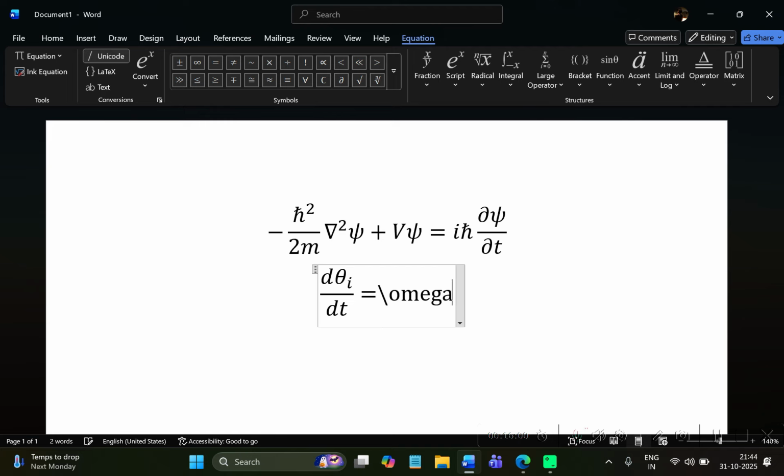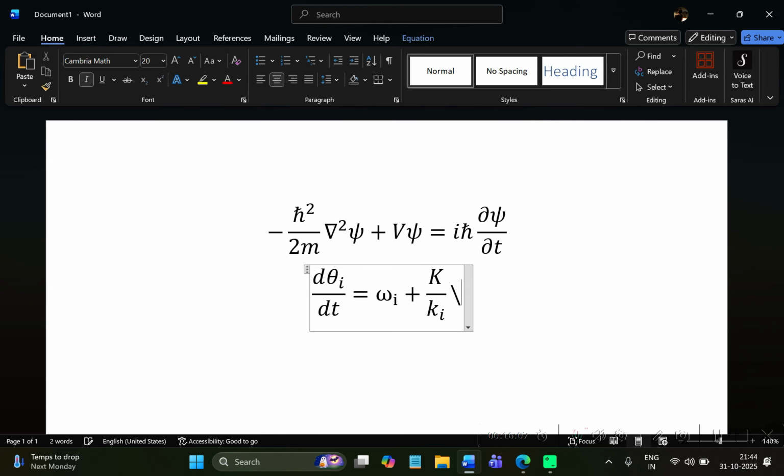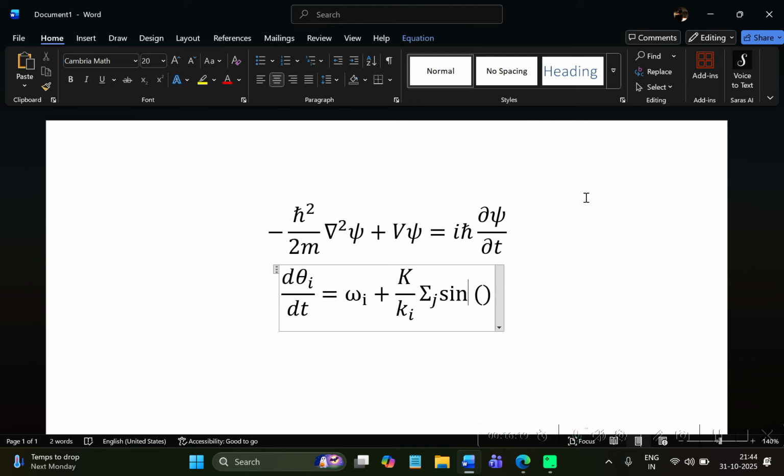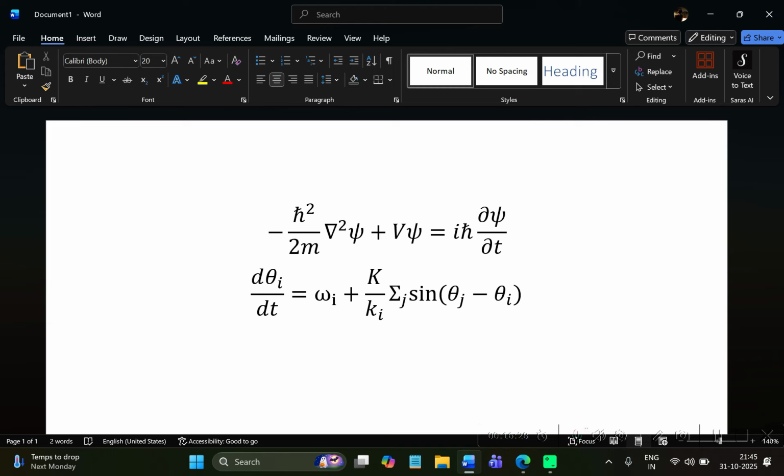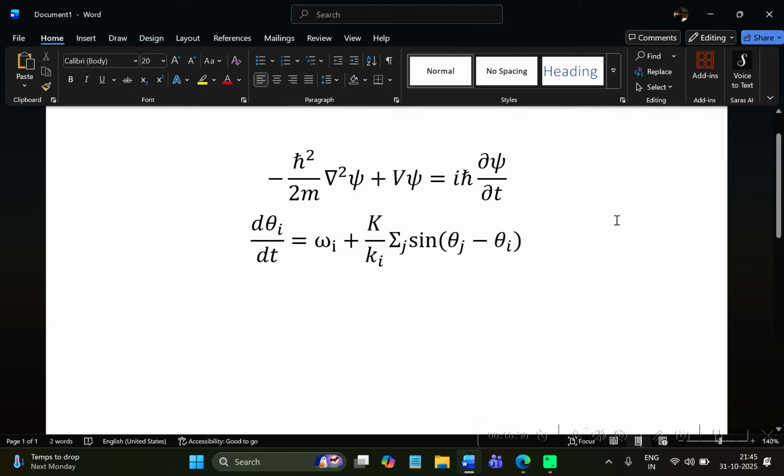So this is omega i plus k over n, then we have summation over j, sigma j sine. If you just write sin and give the brackets, it automatically takes the sine function. Theta j minus theta i. These kinds of equations you can easily take care of in MS Word.